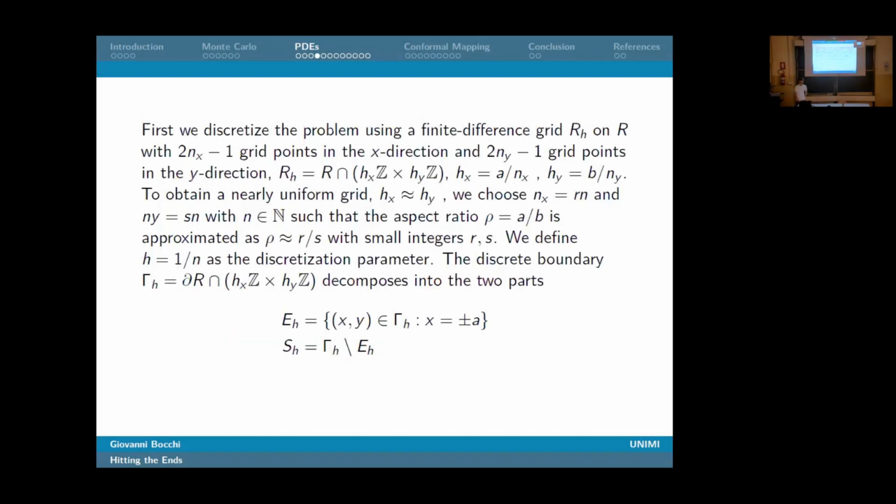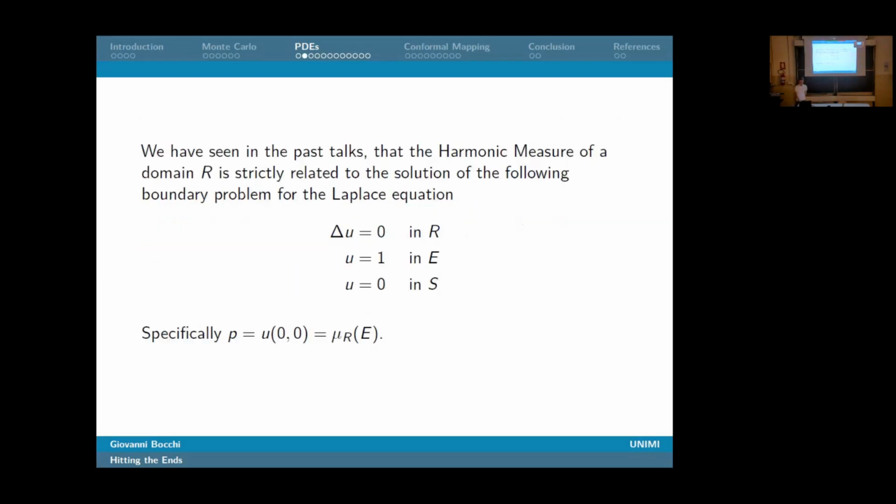Actually, finite differences works even better with a square domain. So no, there are no problems. And in particular, in the case of a square, it's quite easy because the value of P is 1/2. So sorry, I was asking about the PDE problem here.